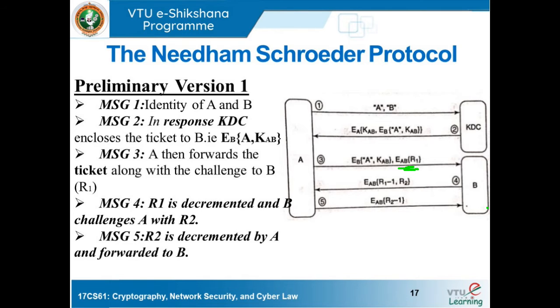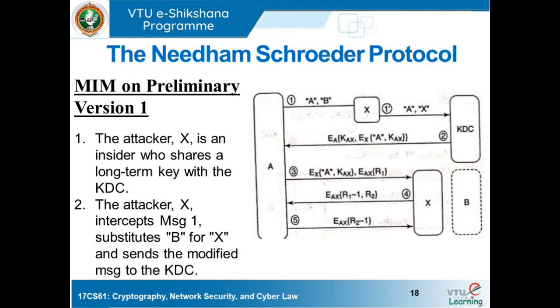We have seen the man in the middle attack in Diffie-Hellman key exchange, wherein one of the communicating parties is impersonated and then the attacker will try to prove that it is a genuine source to the other end.